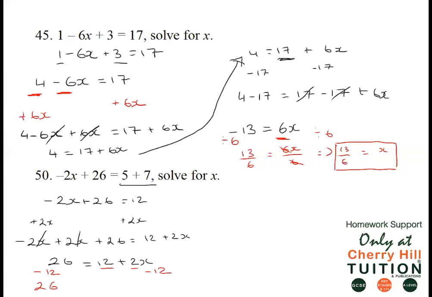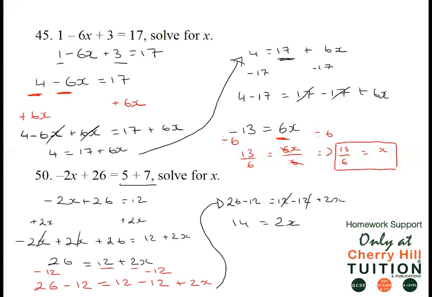This gives us 26 minus 12 on the left-hand side and 12 minus 12 plus 2x on the right-hand side. On the left-hand side, we have 26 minus 12, which gives us 14. On the right-hand side, the 12 and the minus 12 cancel out, leaving us with only 2x.